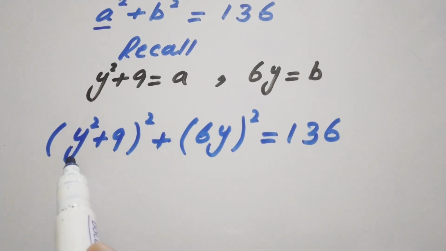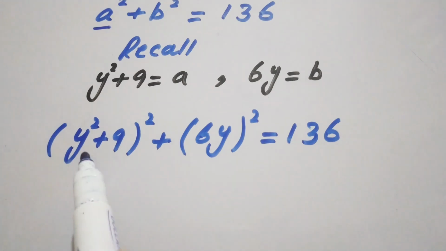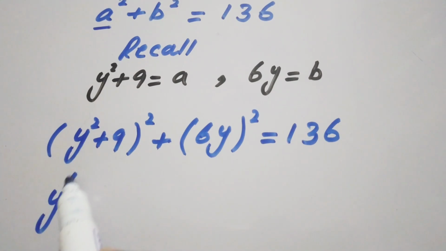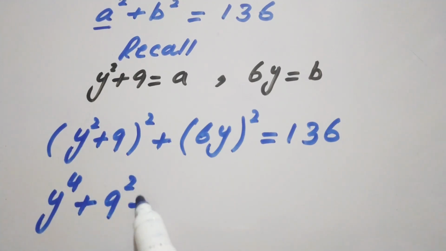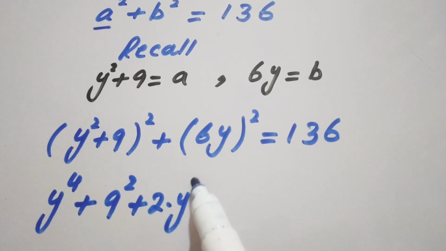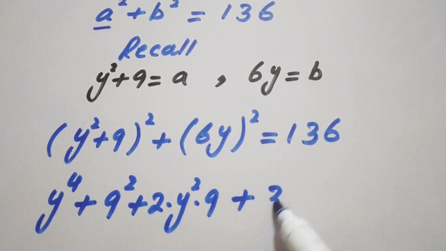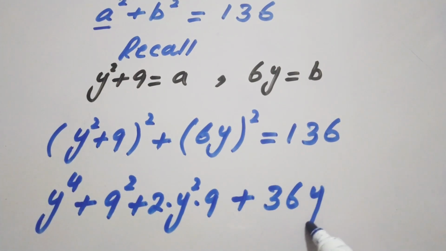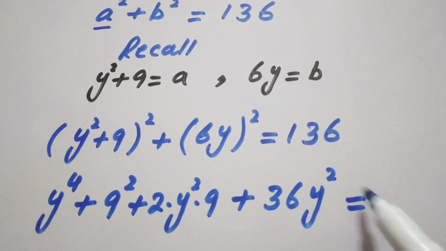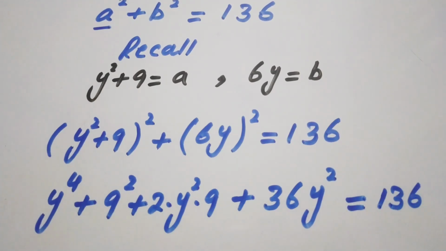Now here we will use the algebraic identity (a + b)^2, which is a^2, 2 squared gives us 4, a^2 + b^2 + 2ab, plus 6 squared gives us 36, y^2, as it is equal to 136.